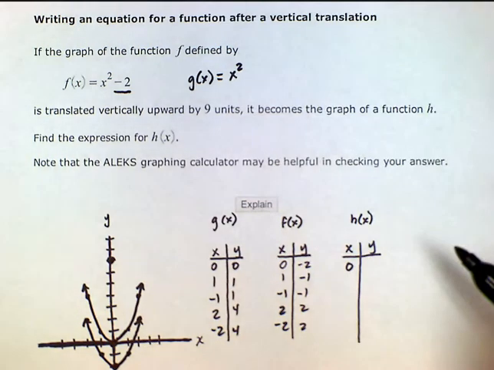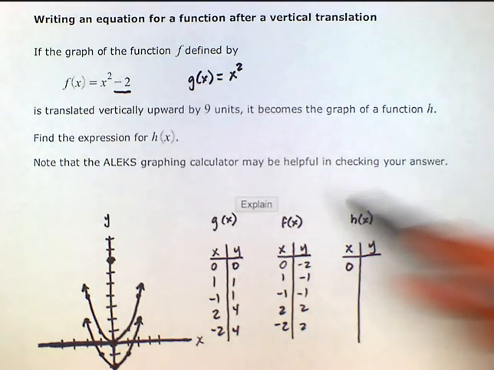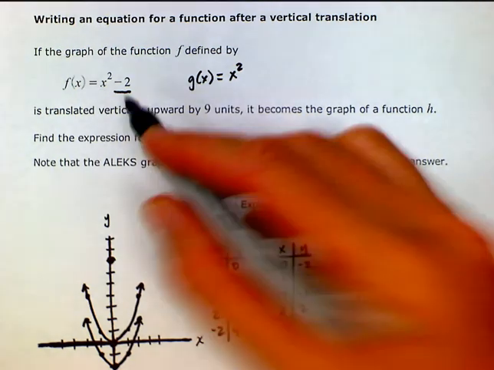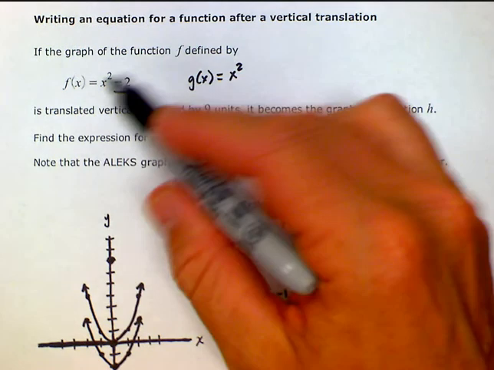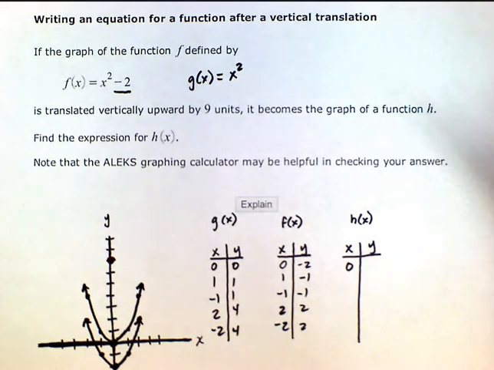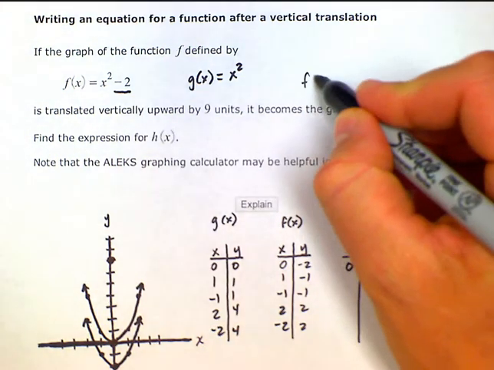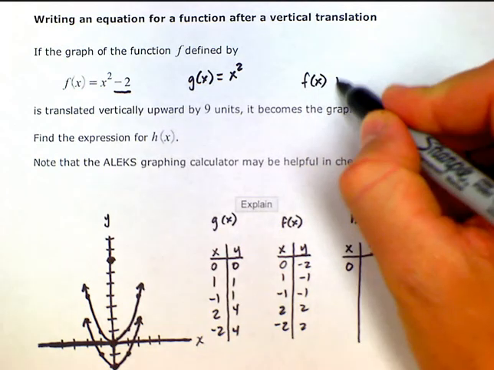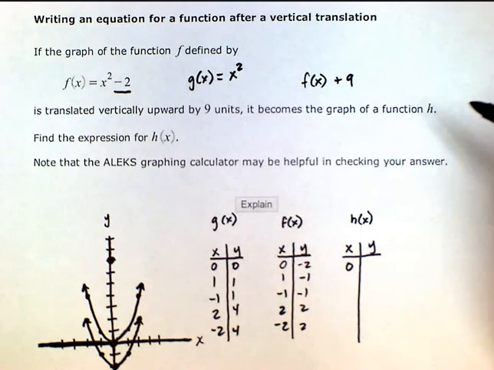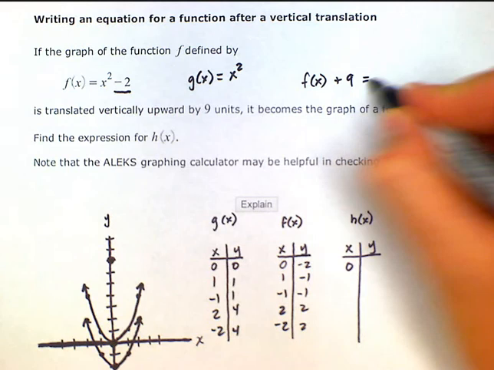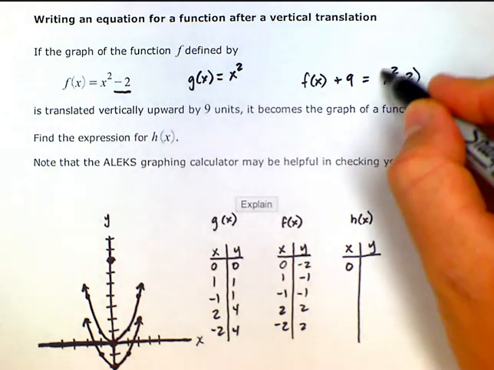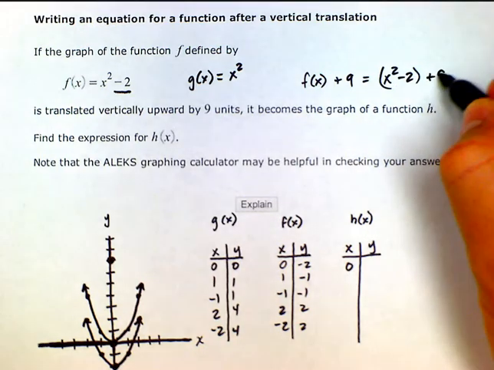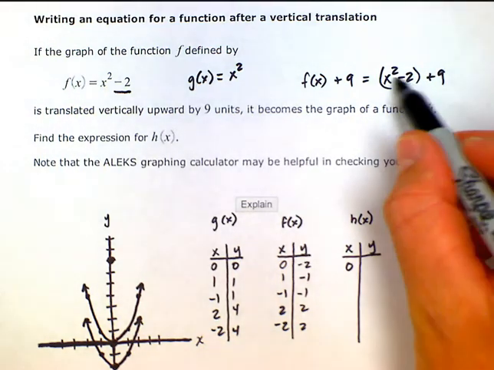Well, we would need to create the function first. So if we shifted f of x up by 9, well, f of x plus 9, because we're going to shift up 9, is equal to x squared minus 2 plus 9.